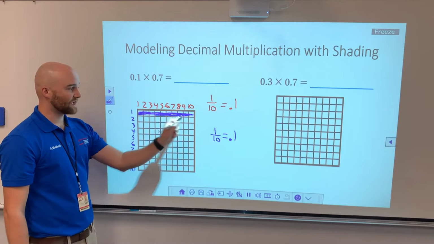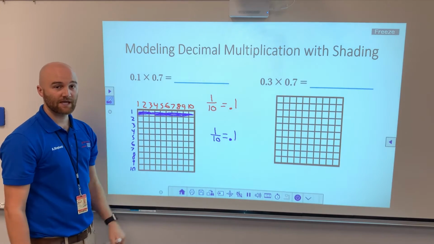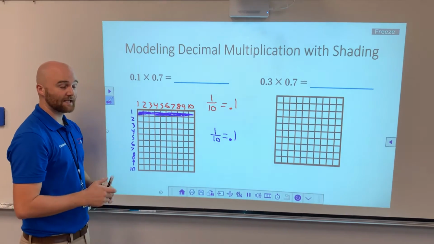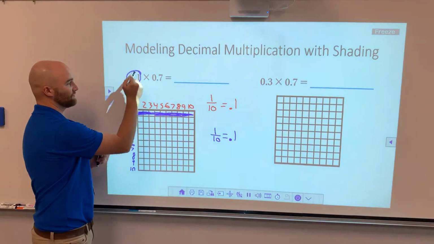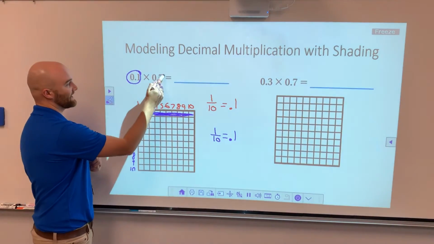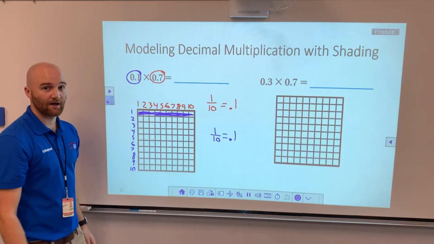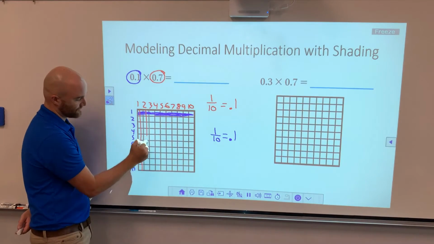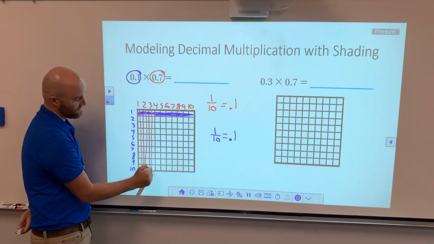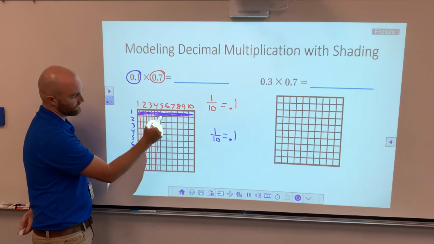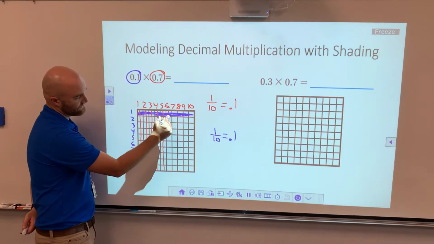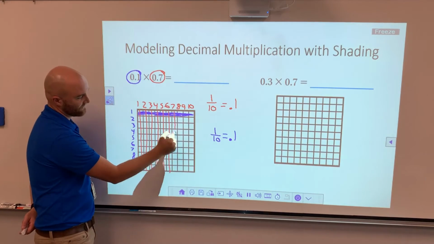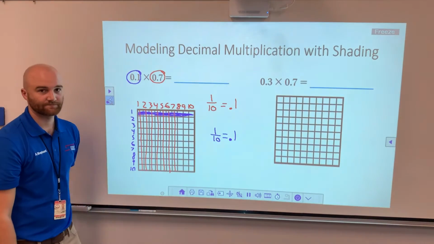Because I chose to go side to side with rows first, now I have to go up and down. My 1/10 was side to side. My 7/10 are going to be up and down. So I'm going to shade 1, 2, 3, 4, 5, 6, 7, going up and down.